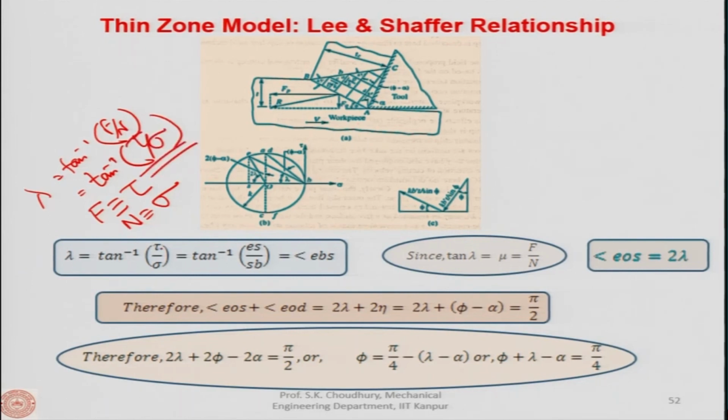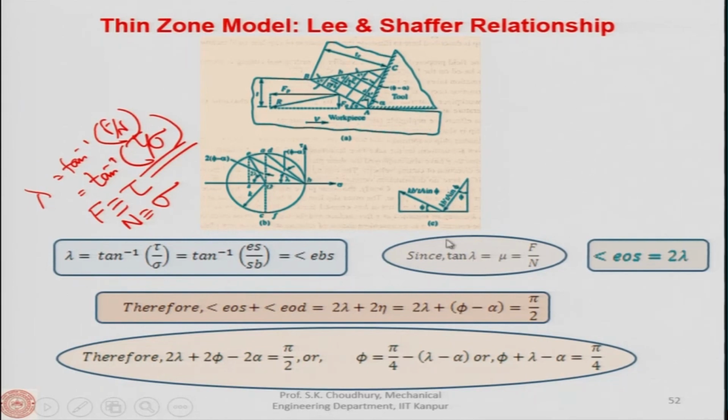Tau here is ES and sigma is SB. So, it can be expressed as tan inverse of ES by SB, and this angle EBS we are therefore calling lambda, the friction angle. If this is the friction angle lambda, then the angle EOS will be twice that because it is at the center.